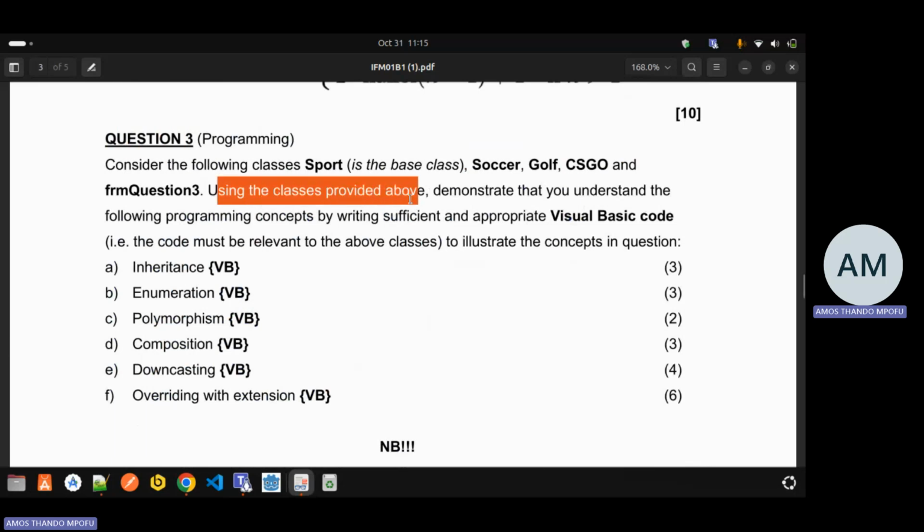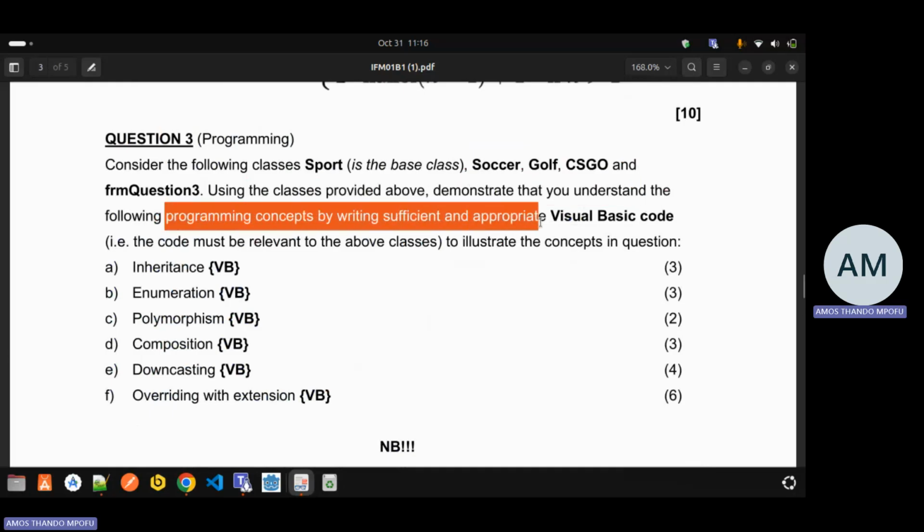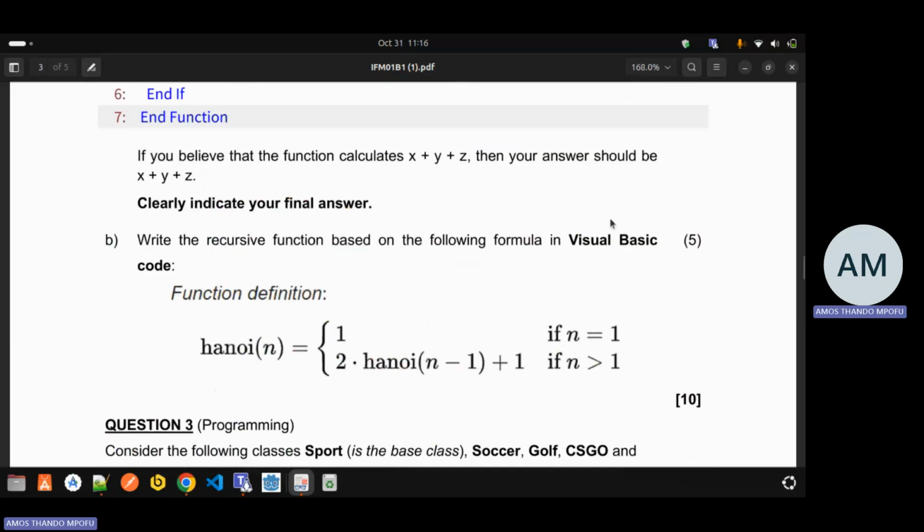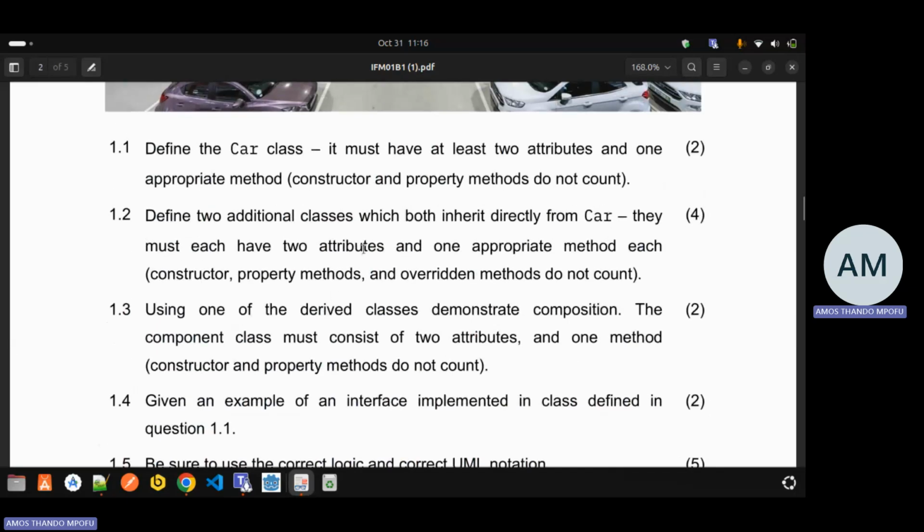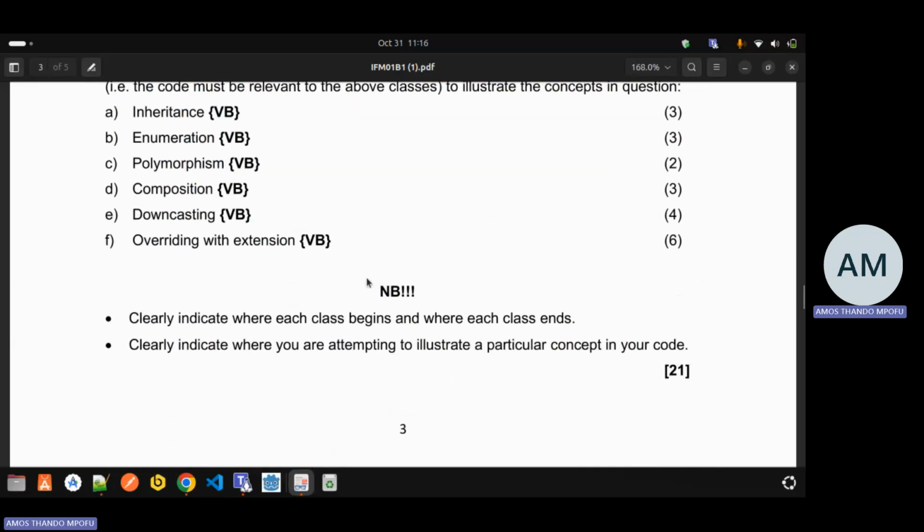So using the classes provided above, demonstrate that you understand the following programming concepts by writing sufficient and appropriate Visual Basic code. You see, they want Visual Basic code, not design. Design was at the top; we're done with design.